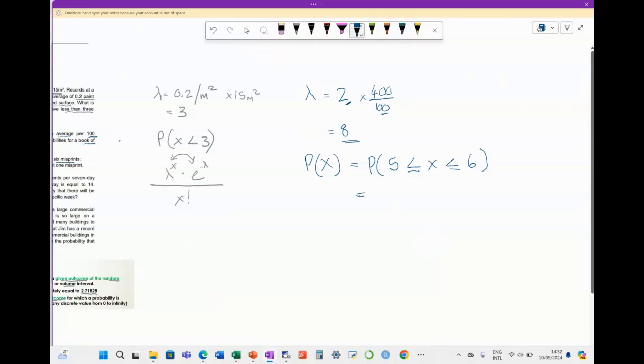Which is the same as saying probability of X equals 5, plus probability of X equals 6.